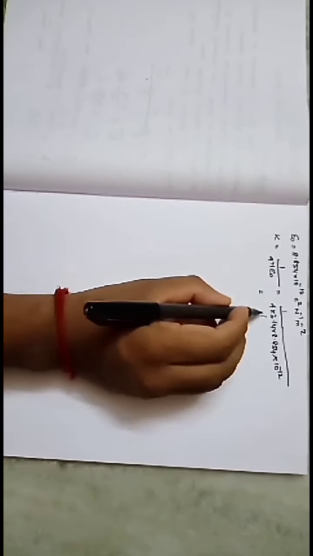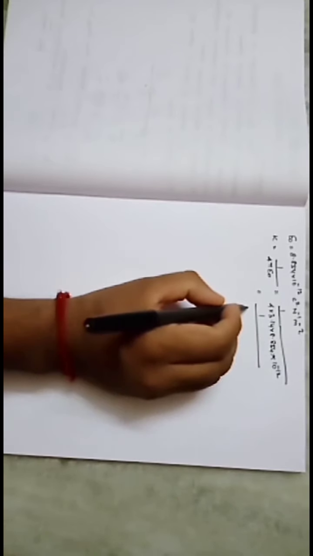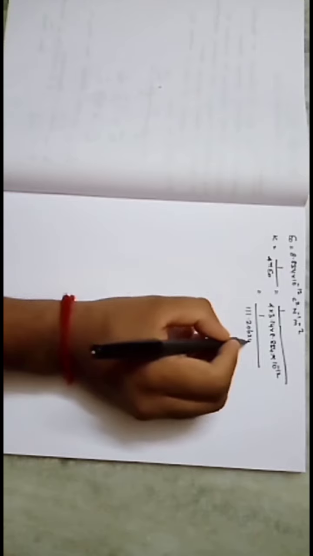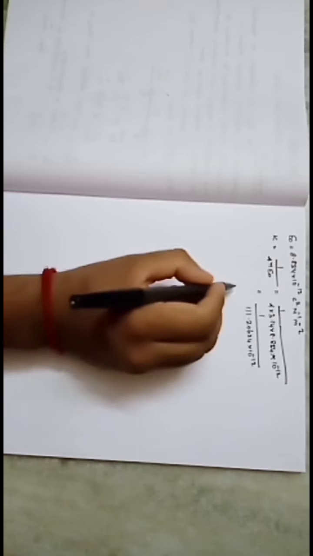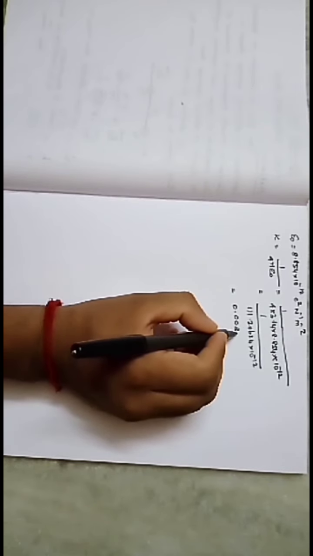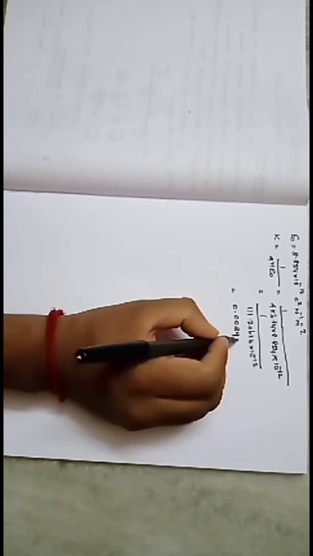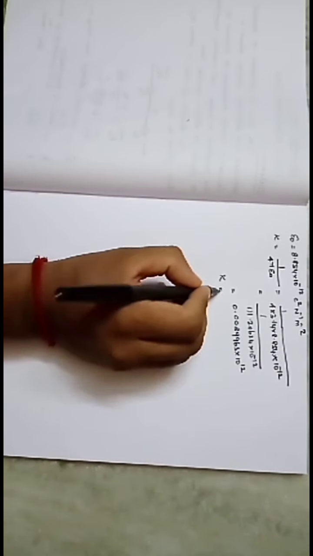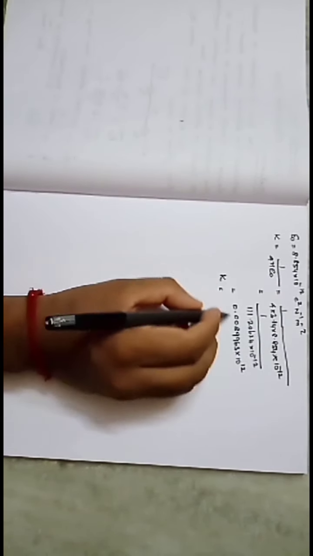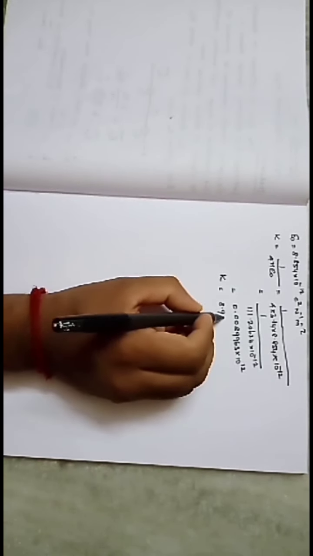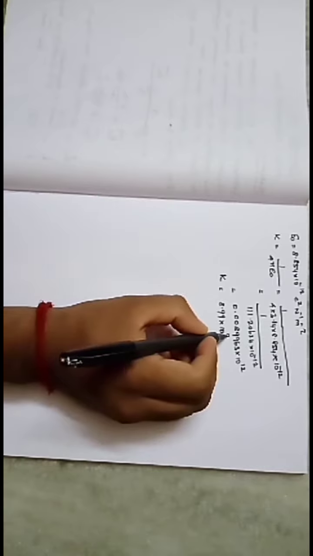If you multiply these values, it is equal to 1 divided by 111.20624 into 10 power minus 12. So it becomes 0.0089963 into 10 power 12. Moving the decimal point, the value of k is 8.99 into 10 power 9.